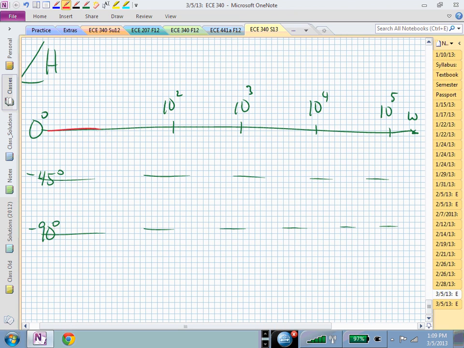We're 0 degrees until we reach a decade before the break. A decade after the break, we're all the way down to minus 90, and in between, we agree that we will just connect those two extremes with a straight line, and we should be passing through minus 45 degrees right at the break frequency. That's what happens with a particular linear factor.